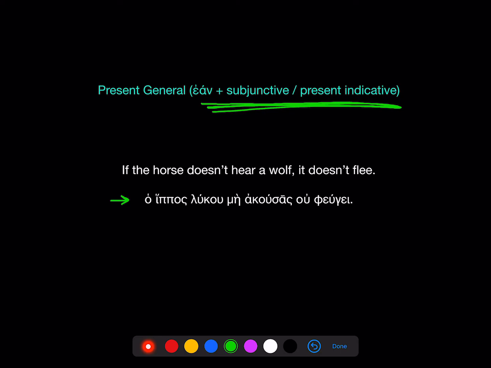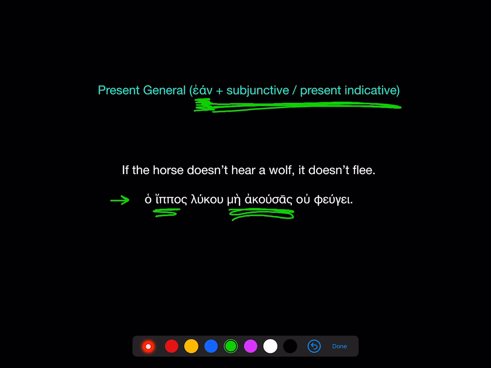So notice that in a regular present general, we'd have had ἐάν in the protasis, but we've replaced the protasis here with a participle that's modifying the horse. I've made everything negative so we can get some practice with the μή's and the οὐ's.